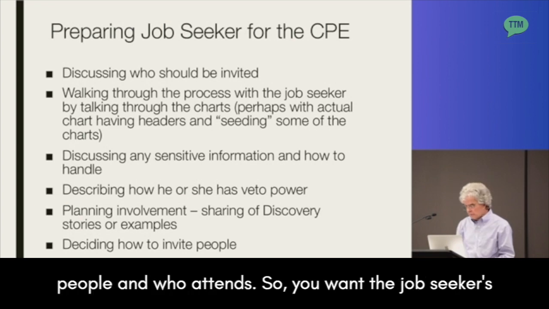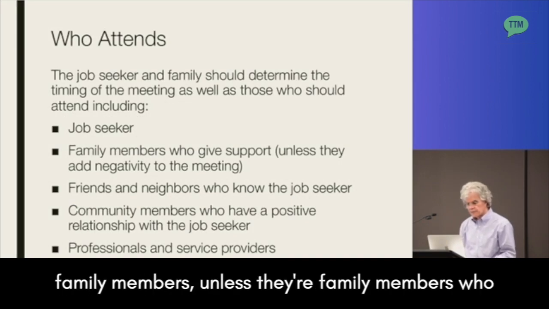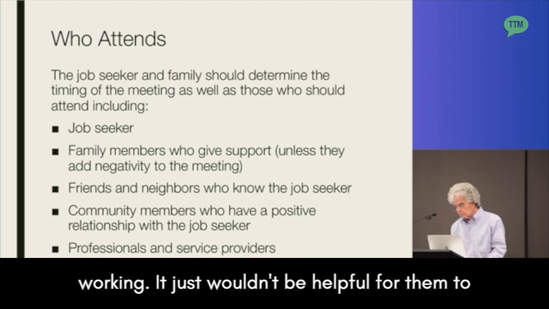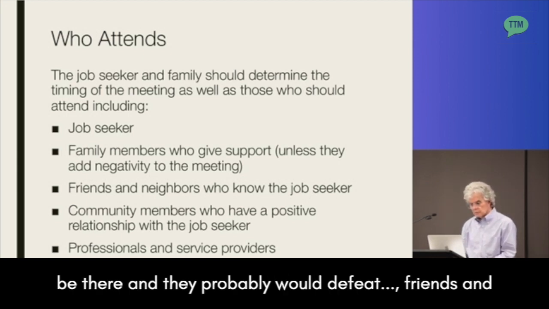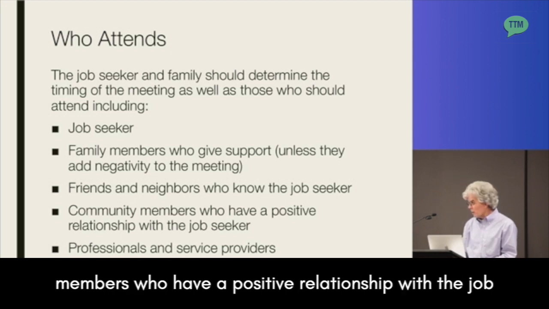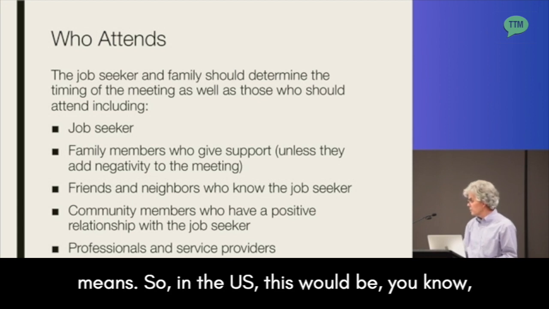Decide how to invite people and who attends. So you want the job seeker, family members, unless they're family members who aren't on board with the person working. It just wouldn't be helpful for them to be there. Friends and neighbors who know the job seeker, community members who have a positive relationship with the job seeker, professionals and service providers, by all means.